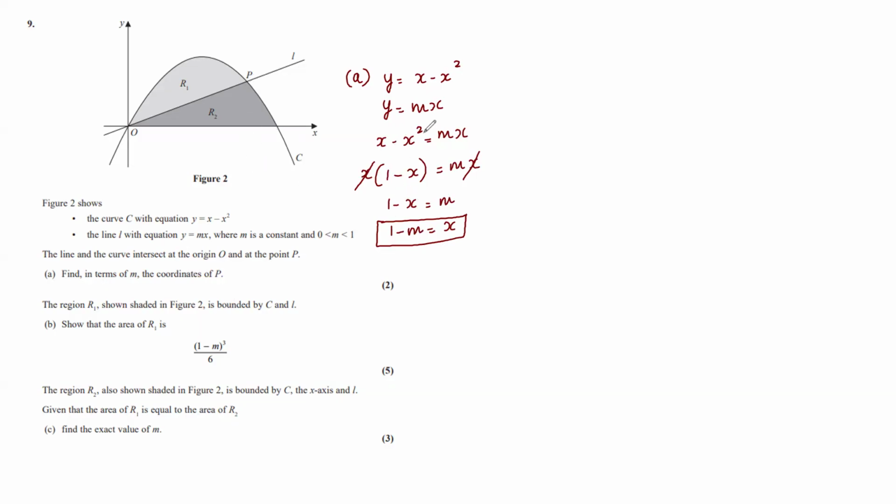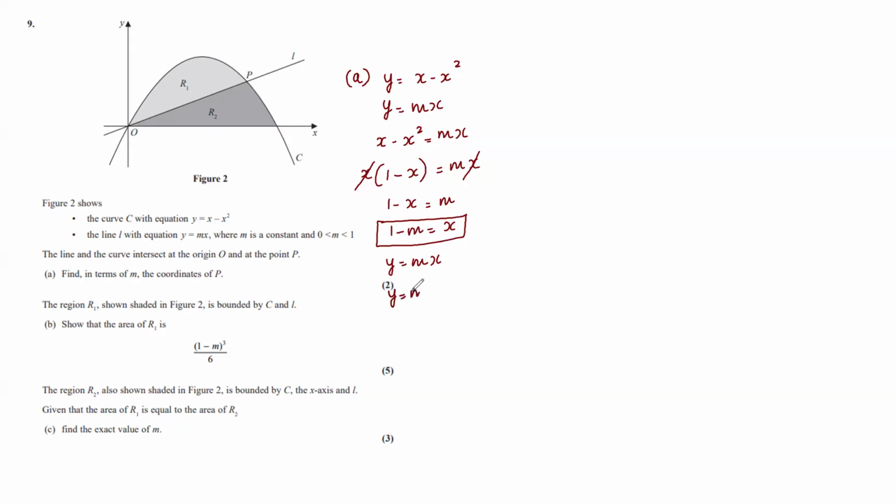Now we need to find the y coordinate as well. For the y coordinate, just take any one of the simple equations, because it's a point of intersection for both the curve and the line. So I can take either the line's equation or the curve's equation. It's easy to take the line's equation. Line is y equals mx. So instead of x, you substitute here.